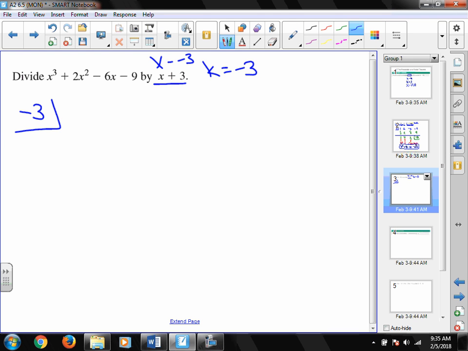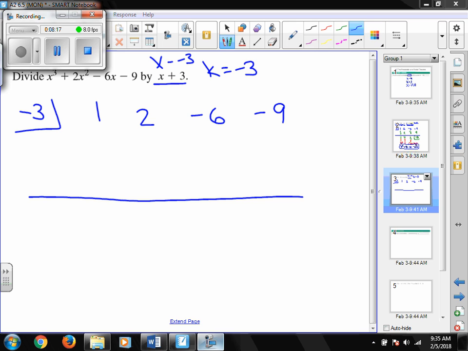Okay? Line up our coefficients. x cubed, 1, x squared, 2, -6. Same polynomial that we're dividing by a different number. All right. So why don't you guys work this, and we'll give this a try.